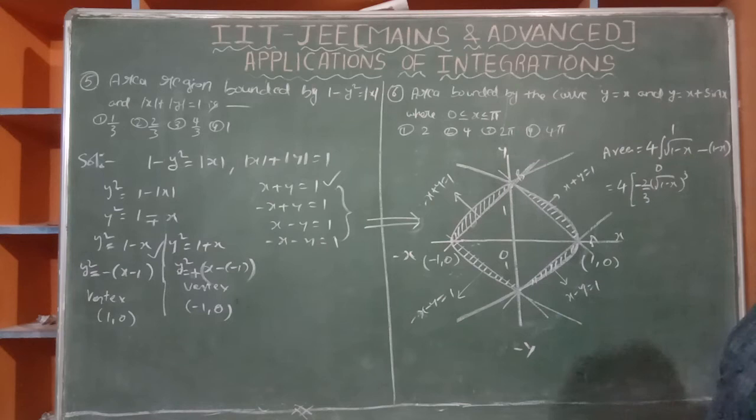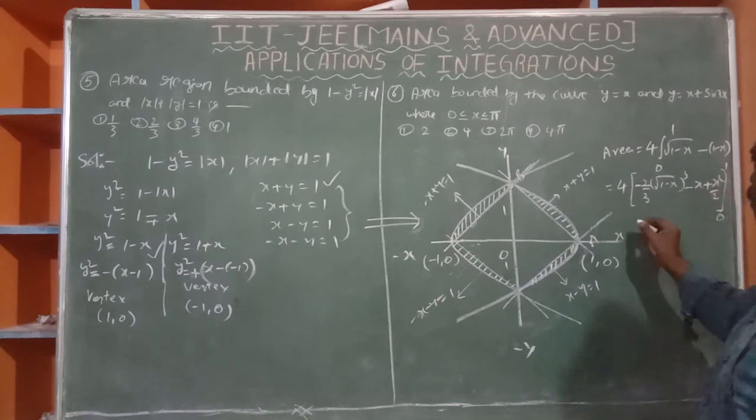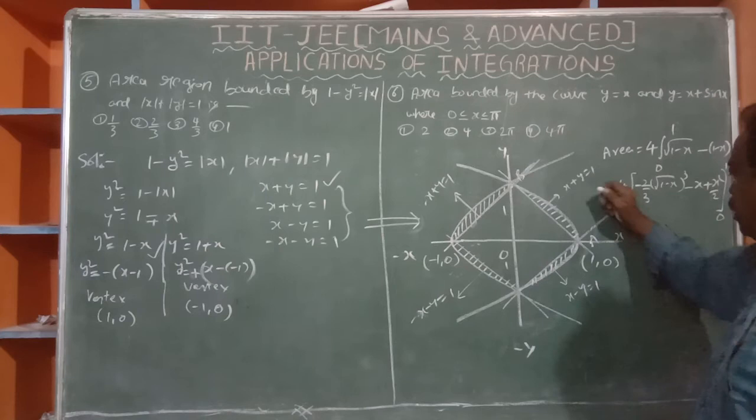Then 1 is x, and minus x gives minus x squared by 2, with the limits 0 to 1.